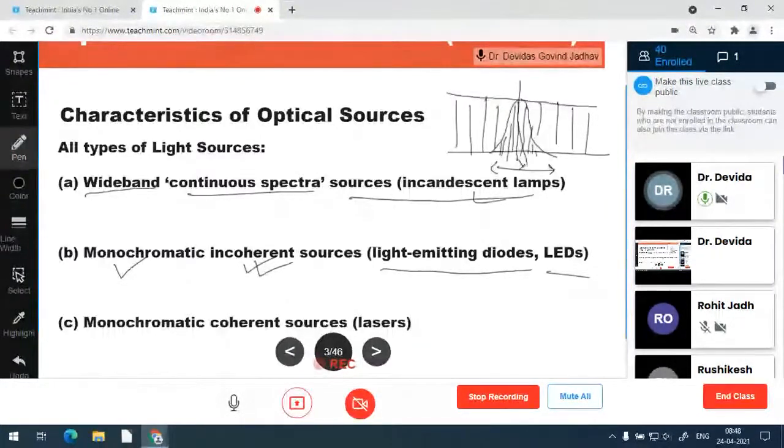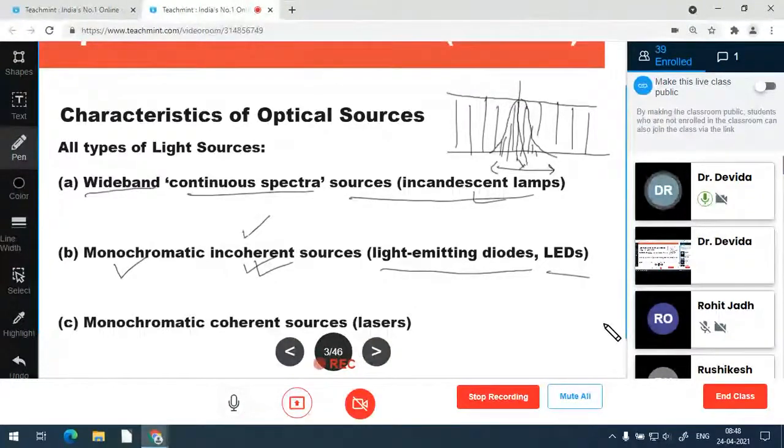Space phase relationship gives all photons the same direction, time phase relationship gives all photons the same time of emission. Temporal means time. So in an LED, this phase relationship is not maintained, so it is incoherent. No phase relationship.